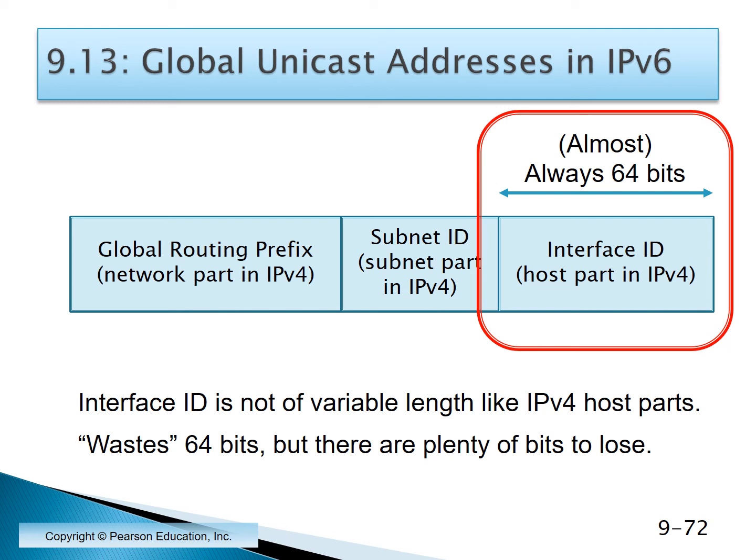So basically when IPv6 is used like this, we are actually wasting a lot of bits, right? We are wasting 64 bits, but somehow when they designed the IPv6 address, they thought this was okay. They still have 2 to the power 64 bits that they can use for the network part and the subnet part, and they think that's enough for handing out to all the organizations and so on.